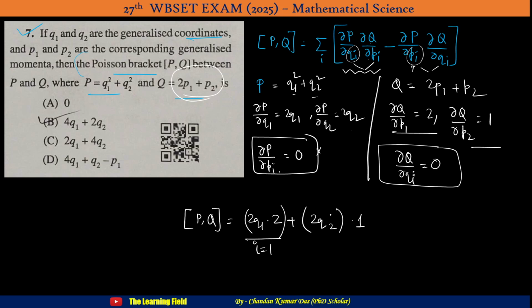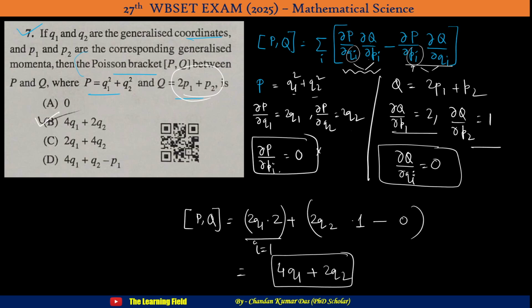And the minus term, del P del P2: P2 is not present, so this is 0 actually. So that means 4Q1 plus 2Q2. This is the answer, option number B.